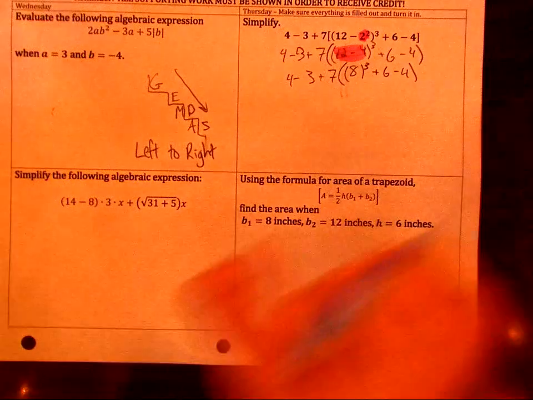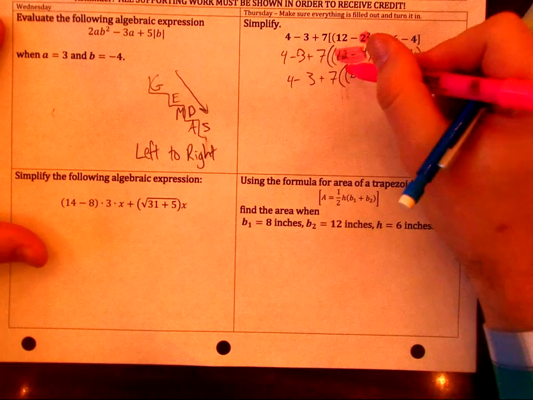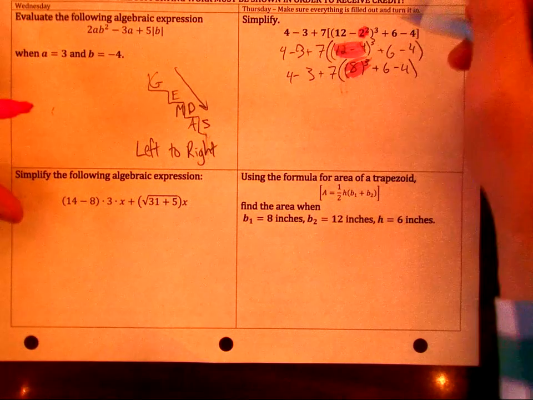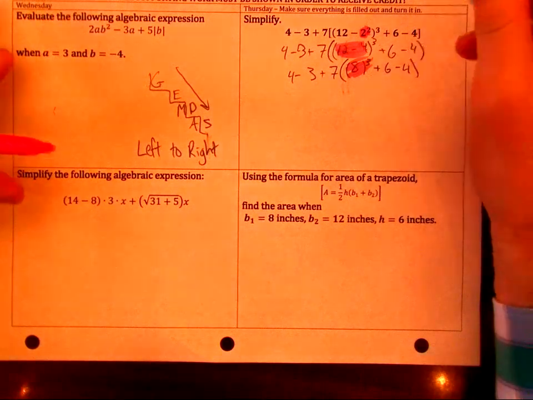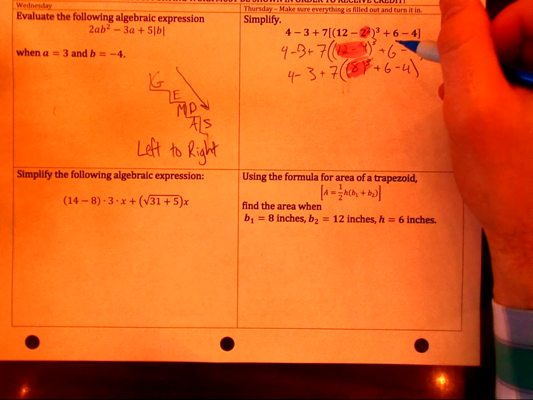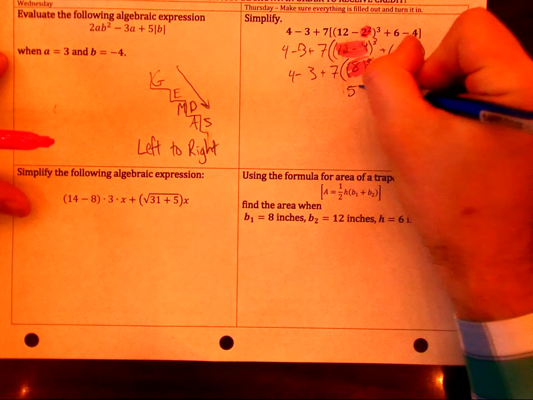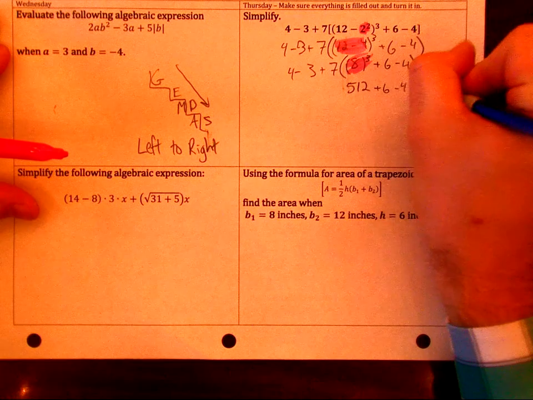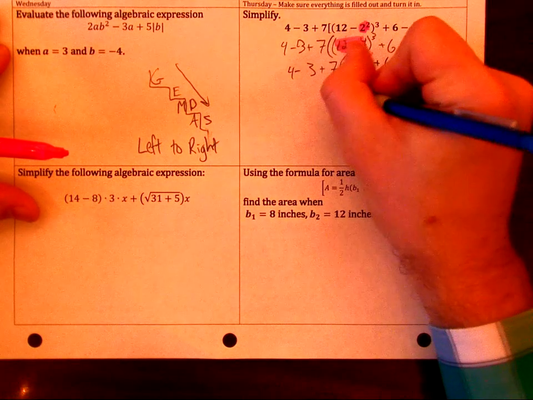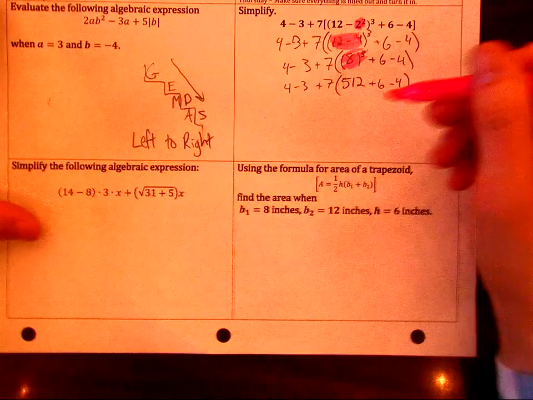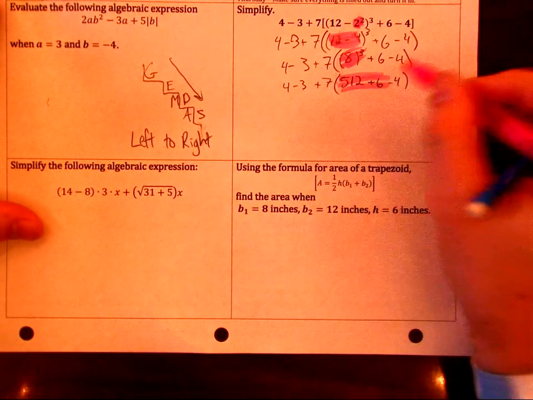All right, still inside those parentheses. Again, notice how it's been working in the same kind of path right here. And so we can do 8 to the 3rd power. We can do that as 512. Everything else stays the same. Still working inside of those parentheses, you can do 512 plus 6.